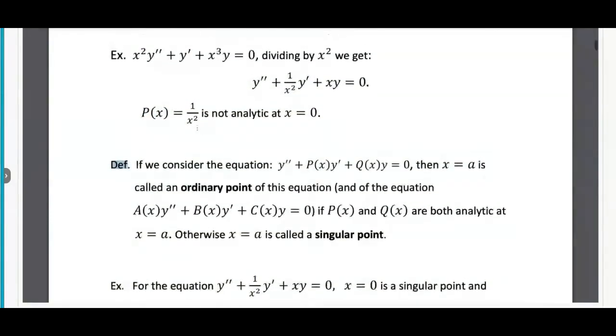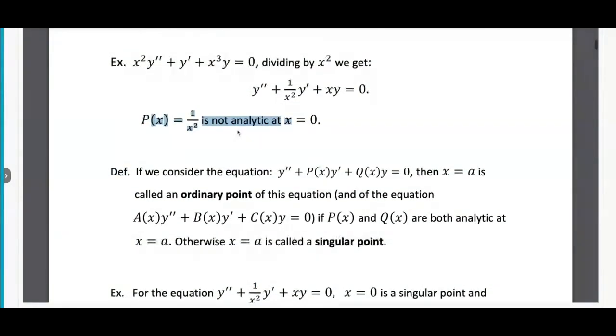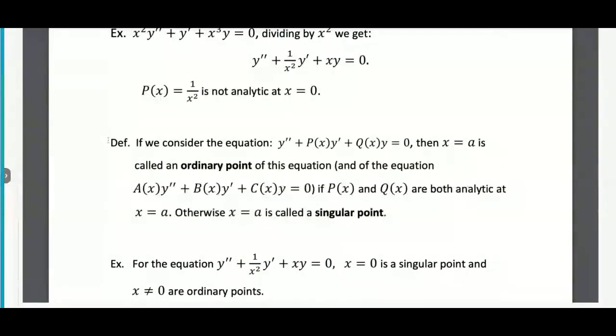Definition. Because of such a situation, let's make some definitions. If we consider the equation, x equals a is called an ordinary point, as compared with a singular point, which Anchi mentioned earlier.